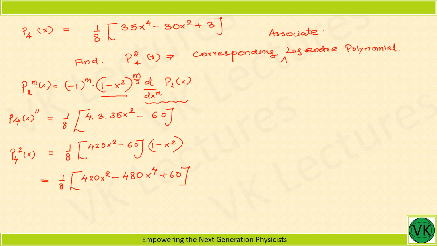Sorry, now here this is 420 x to the power 4 with a minus sign, and 480 x square with a plus, and minus 60.